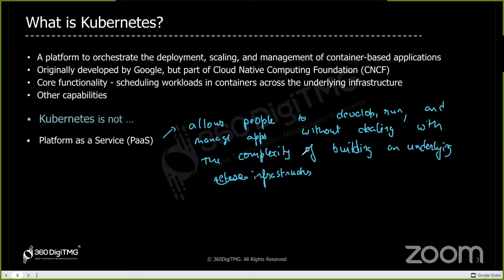Now, there is also a split of the responsibility when compared with PaaS. Okay. So in a PaaS environment, the provider manages almost all the aspects of the infrastructure and the middleware, as well as the runtime.